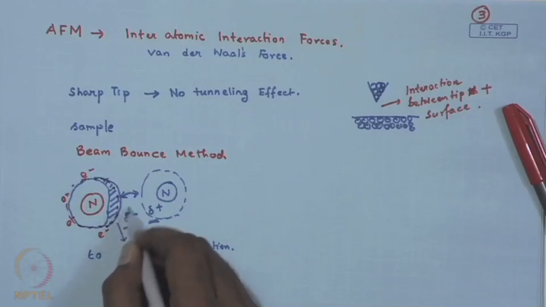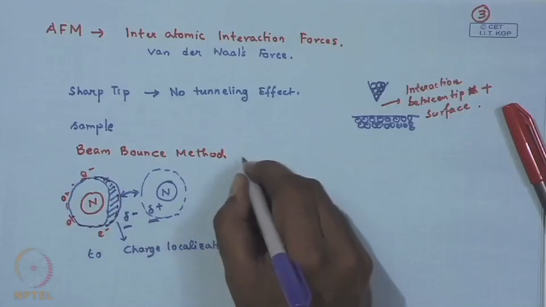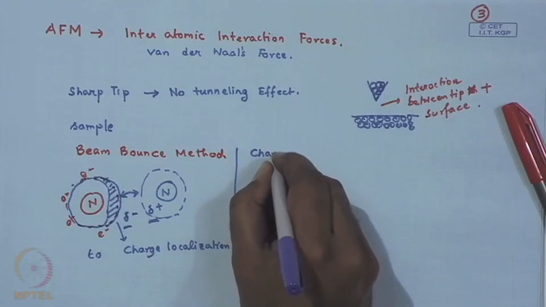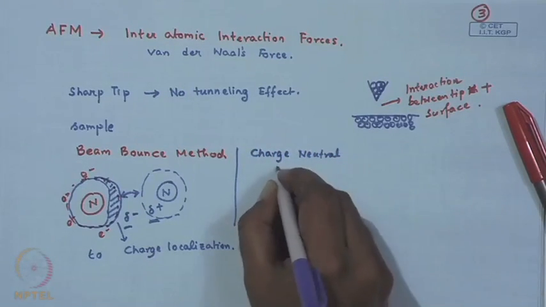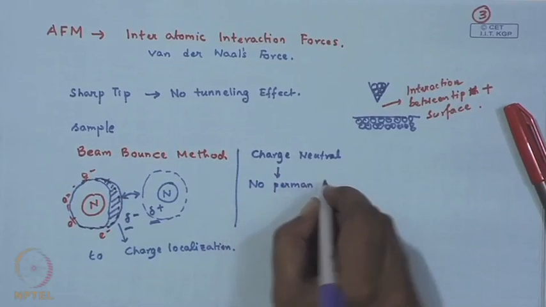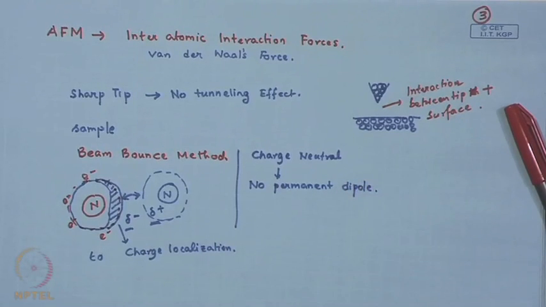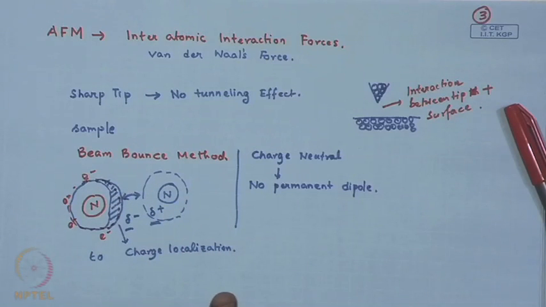But this delta minus is a temporary localization. We are talking about molecules which are charge neutral, and there is no permanent dipole. So, even in a charge neutral non-dipolar molecule, you have this phenomenon occurring at all instances of time.